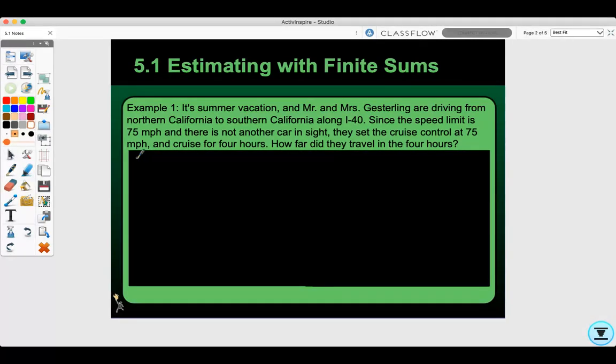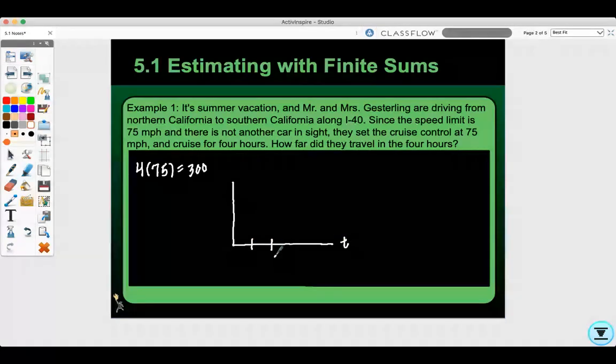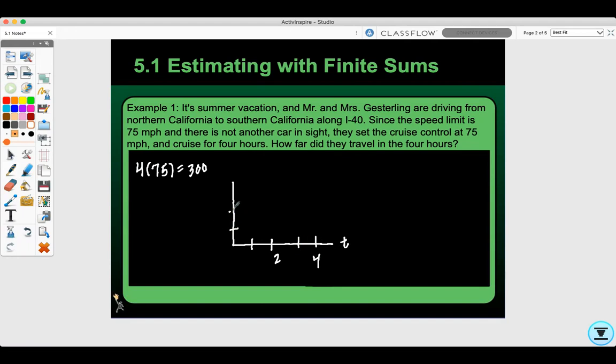So how far did they travel in 4 hours? It would be 4 times 75, which equals 300. To visualize this graphically, I have a graph here. This is time, 4 hours, and 75 miles per hour.